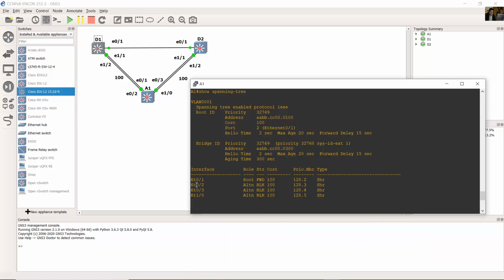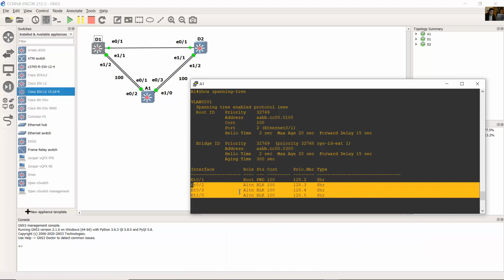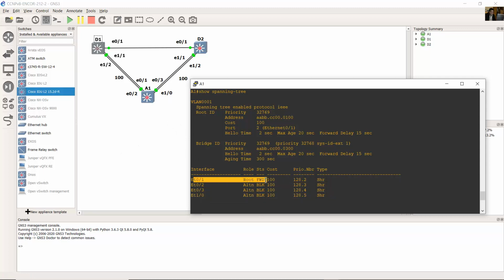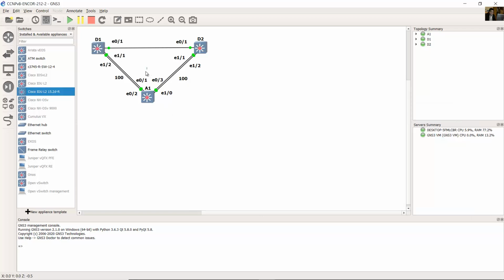But the other three ports are alternate ports in blocking state. So the only port in forwarding state on A1 is Ethernet 0/1.